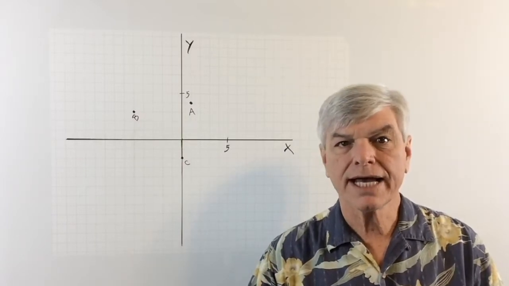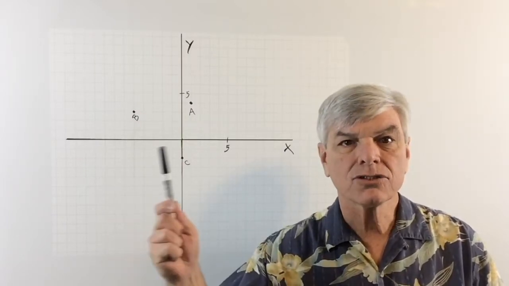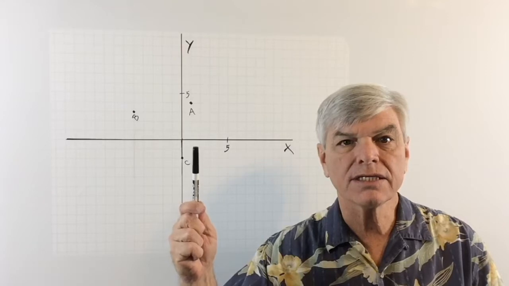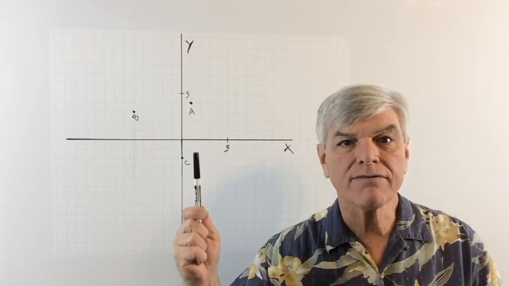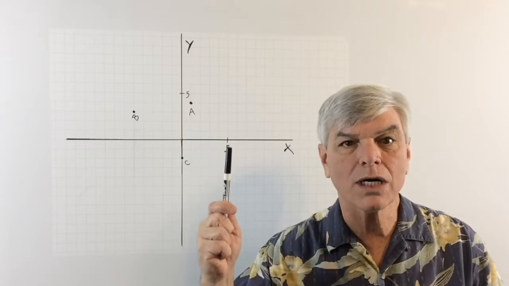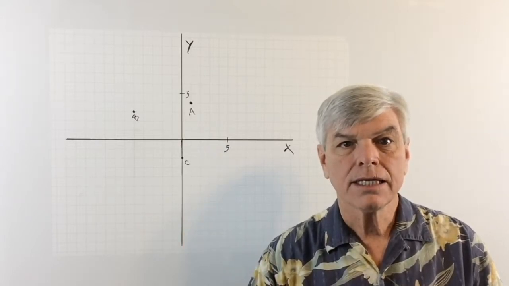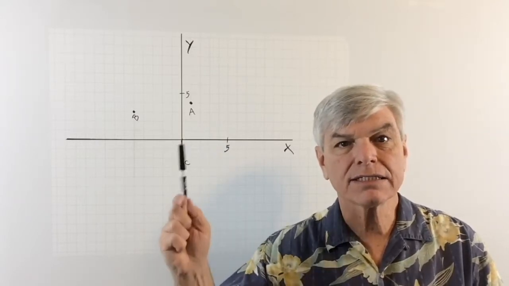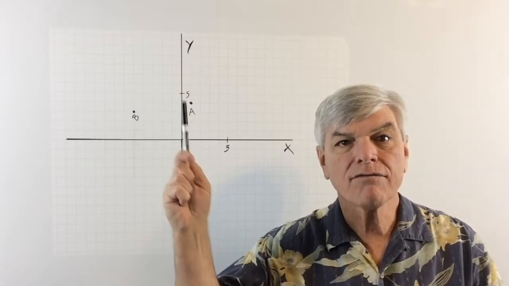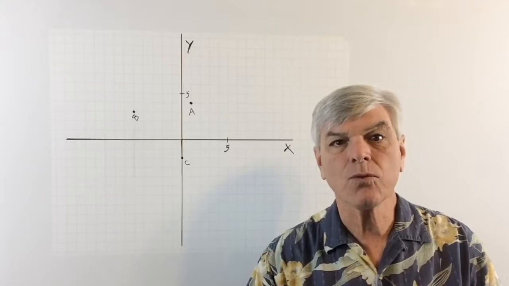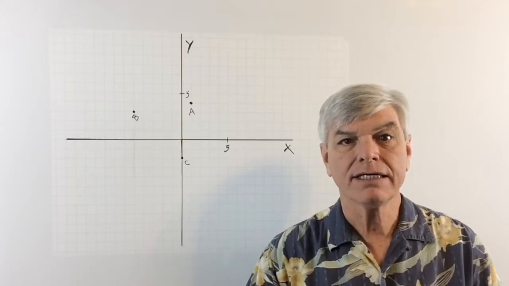On the x-axis there are spaces, and you can see the fifth one I've labeled 5, and that tells you that the value of each one of these spaces is 1. And on the y-axis, I've done the same thing. As you're going up, it's 1, 2, 3, 4, 5, and I've labeled the fifth one 5.